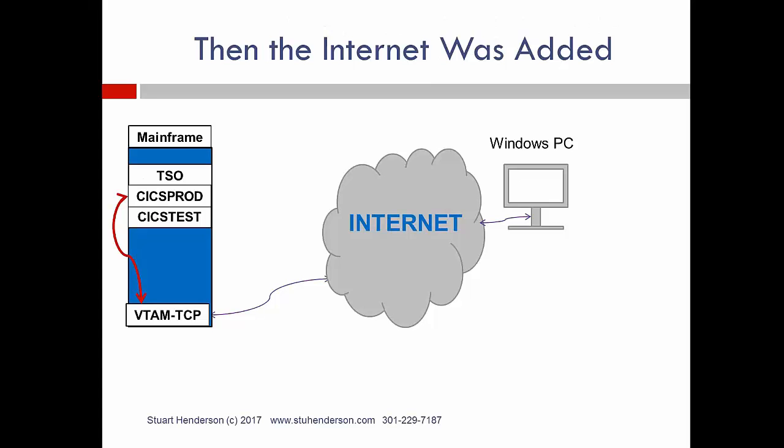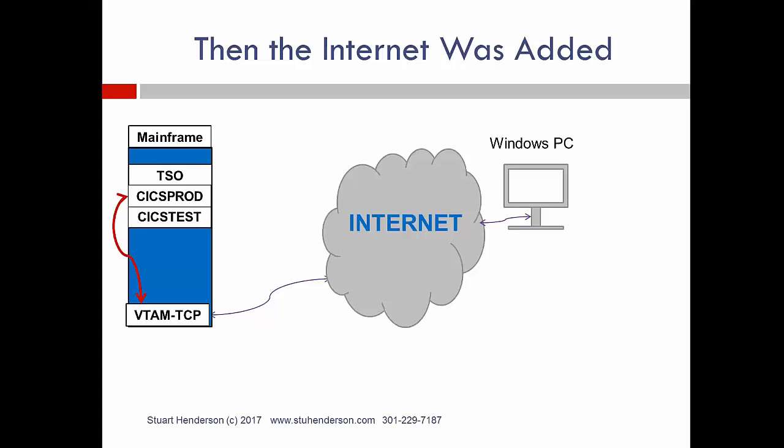Now then we got more flexibility when we added the internet. Now with the internet, we no longer have 3270 terminals, we have Windows PCs connected to the internet, which is connected to the mainframe, and VTAM now has support for TCP/IP. Now we can still be talking to CICS prod or test or TSO or IMS.